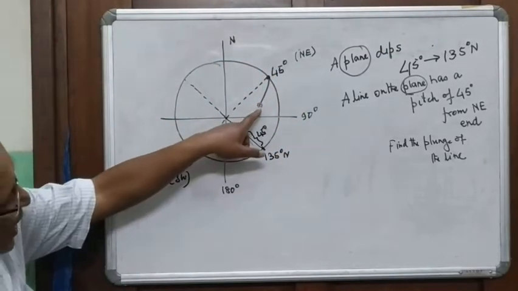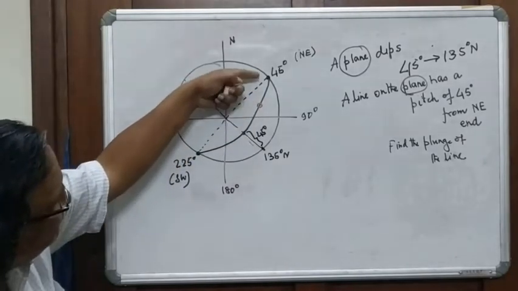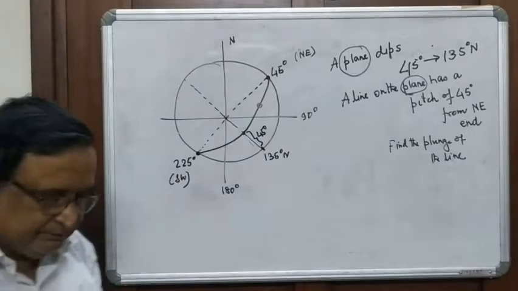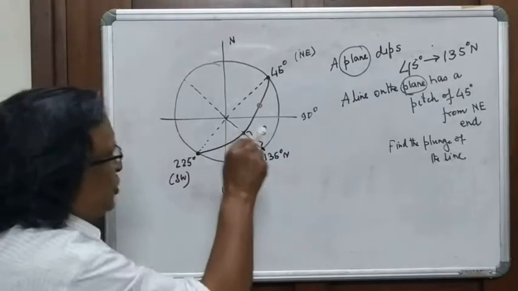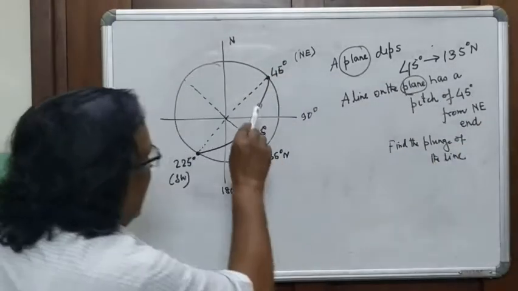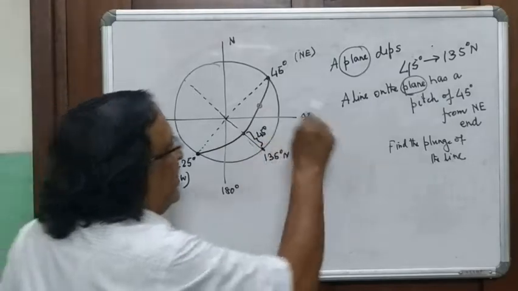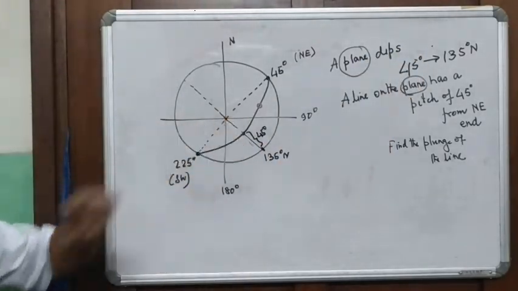This is the point on the plane which is 45 degrees from the northeast end. Right? This is the pitch of a line on the plane having these attributes. And this is 45 degrees.